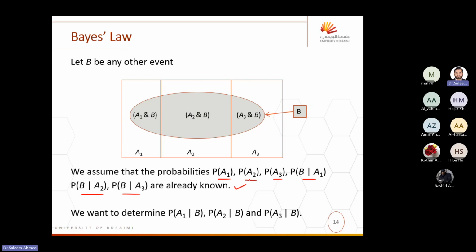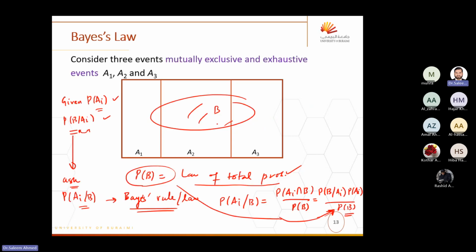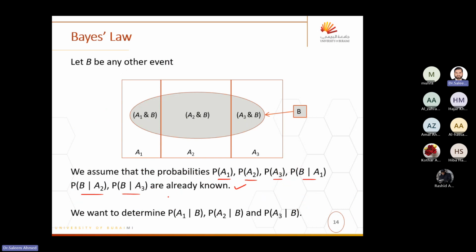As I wrote in the last slide, probability of Ai's and probability of B given Ai's are all known to me. And now we want to determine the opposite. You see, the given was B given Ai. This is known to me, but now they are asking the opposite: A1 given B, A2 given B, A3 given B. So whenever they ask you this one, you have to use the Bayes law.